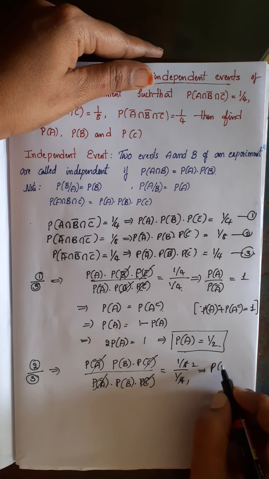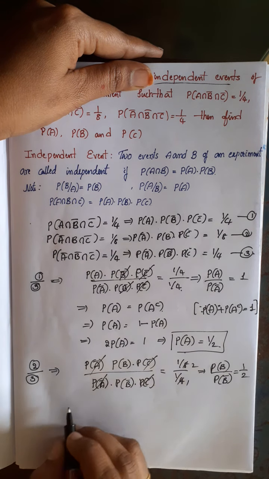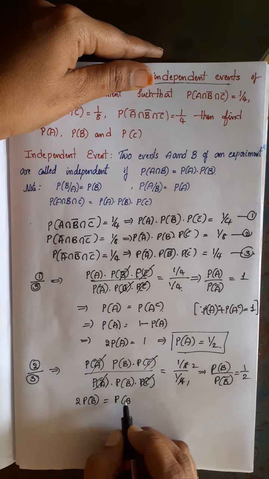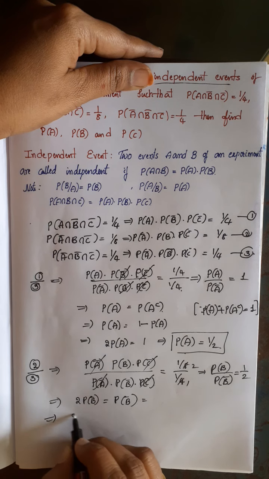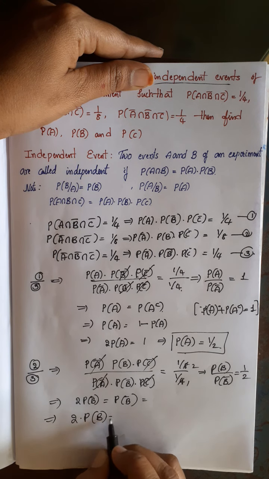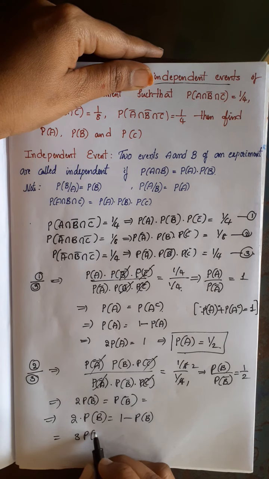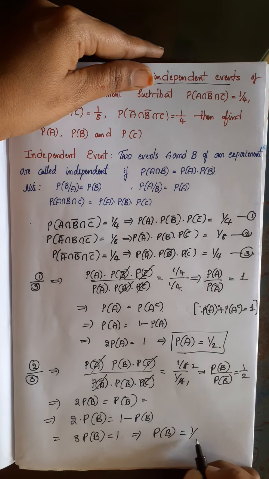That implies P of B by P of B complement is equal to 1 by 2. So 2 P of B is equal to P of B complement. This is nothing but 2 into P of B is equal to 1 minus P of B. 3 P of B is equal to 1. So P of B is equal to 1 by 3.